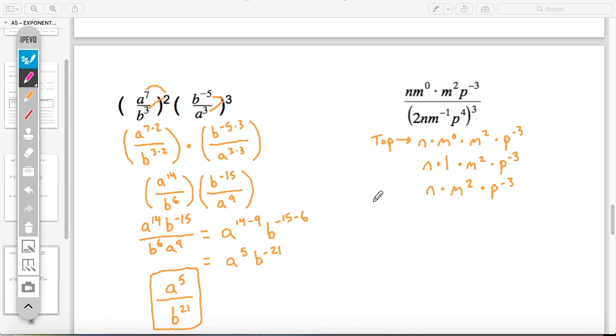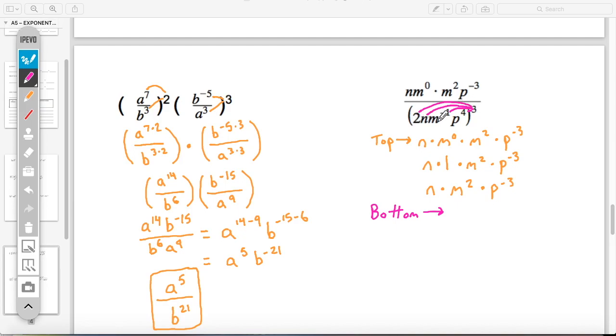So now I'll deal with the bottom. Looking at the bottom, I will distribute this 3rd power to all of my expressions.